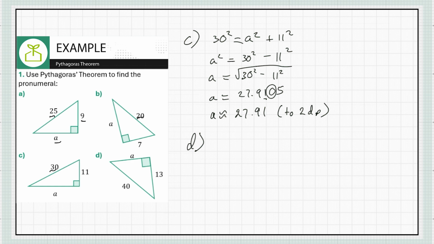Alright, for D, our hypotenuse is 40. So 40 squared is equal to a squared plus 13 squared. That means that if we rearrange this, a squared will be equal to 40 squared minus 13 squared, and a will be equal to the square root of this.